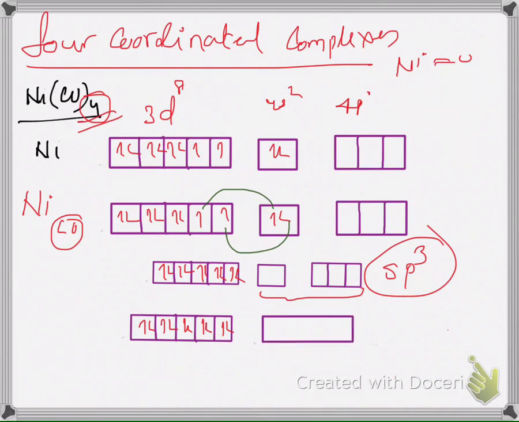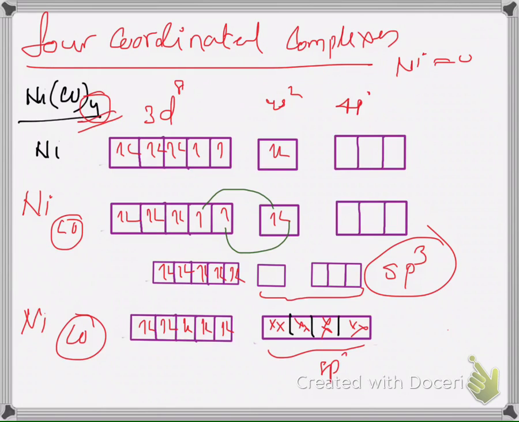Thereafter you have 4 hybridized orbitals. To those hybridized orbitals nickel accepts a lone pair from carbon monoxide. How many carbon monoxide? 4. They can be put like this.